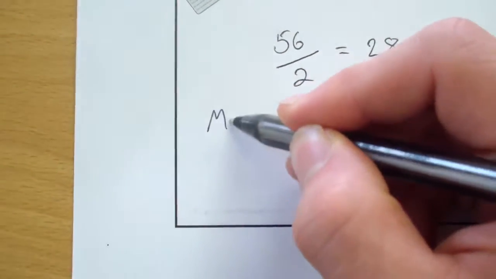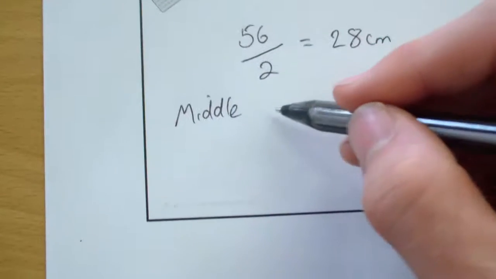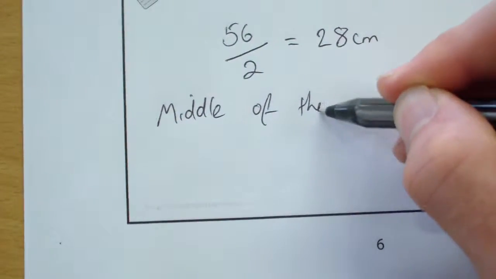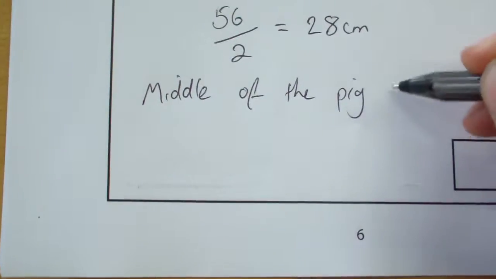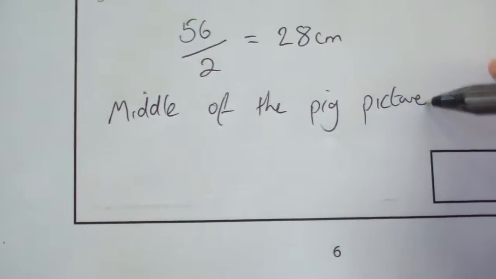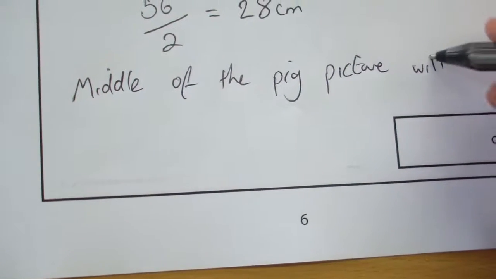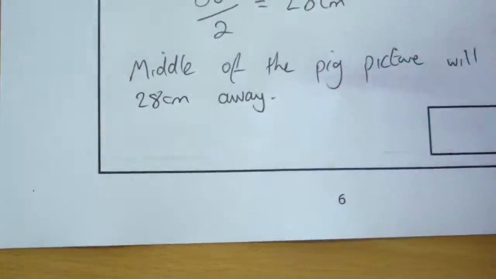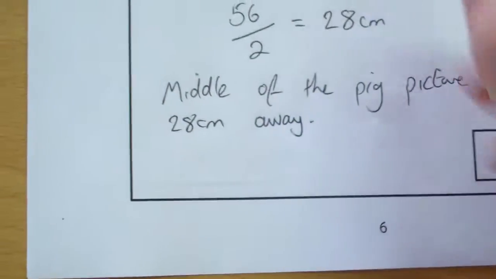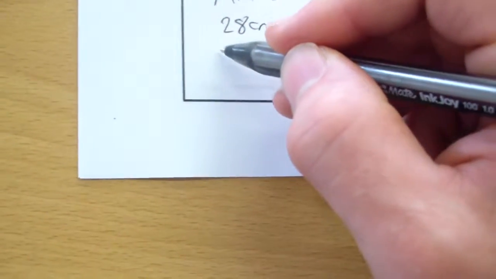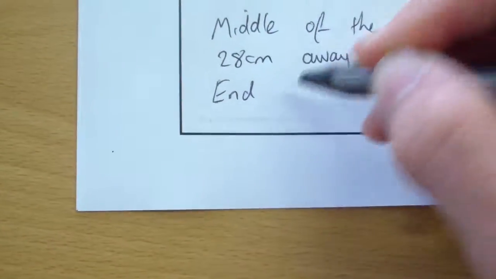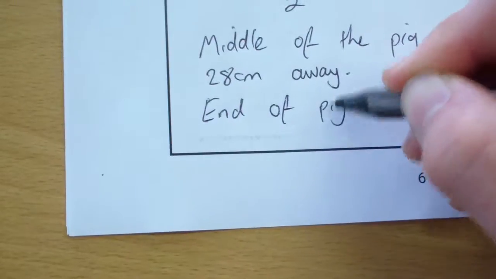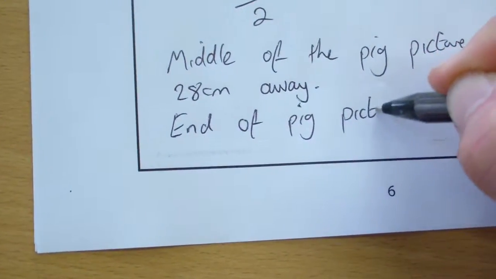So the middle of the pig picture will be 28 centimeters away from the cat. So we want the end of the pig picture. So we're going to do the end of the pig picture is going to be, so the whole gap is 28.